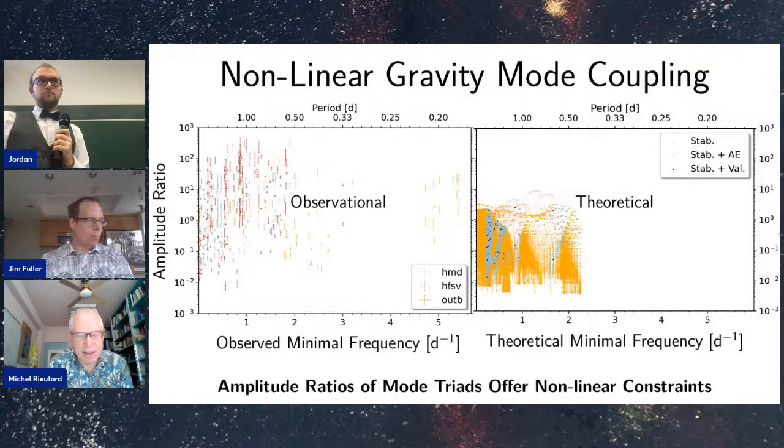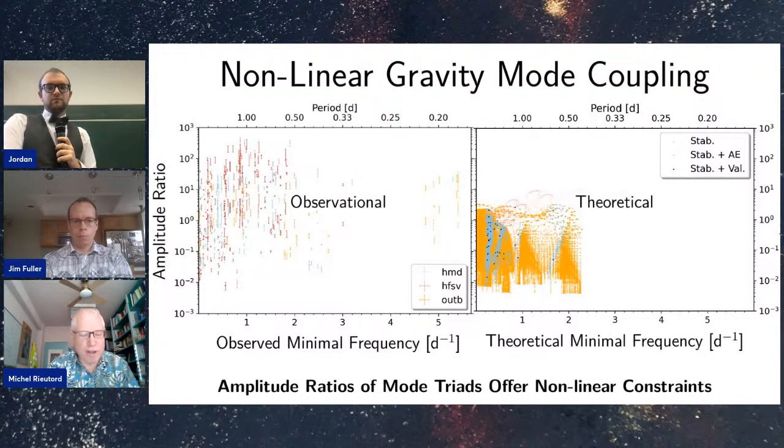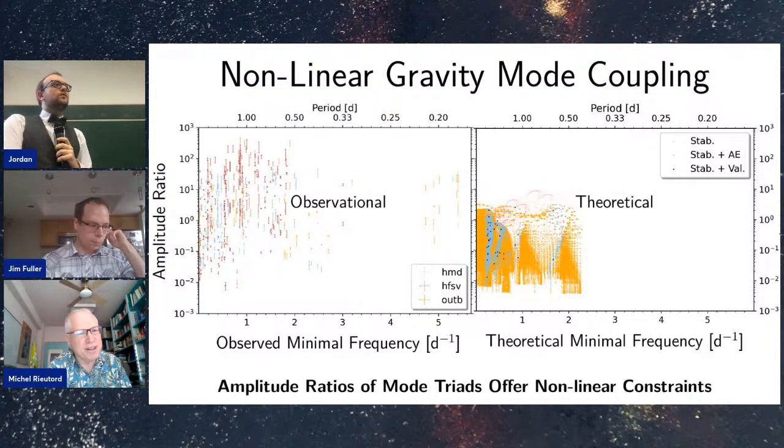I mean, you see that the star is a complex object, and you model it with these amplitude equations, but then the way the star realizes these oscillations can teach us on the coupling and things like this. And so my question is, what kind of new physics can we learn from this comparison between observations and theoretical models?